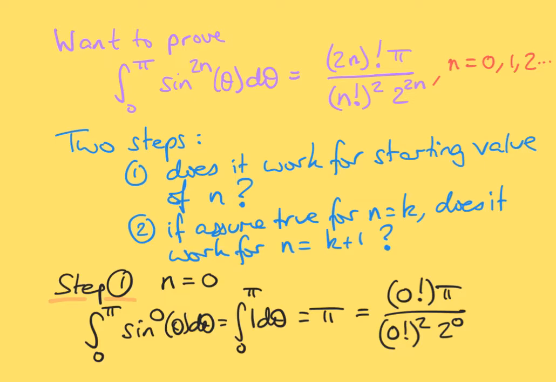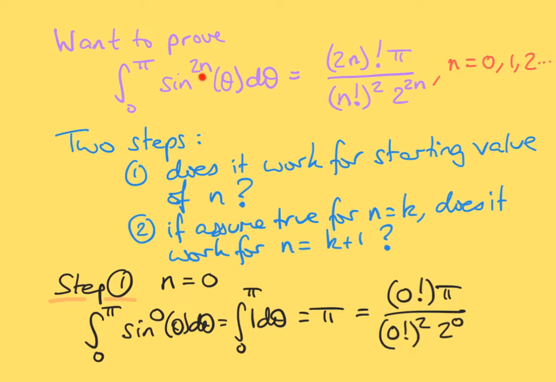So let's start off by checking it for n is 0. Afterwards, we will assume it's true for some value of n that I'm going to call k. And then, having made that assumption, we will see if it works for when n is k plus 1, the next value of n.